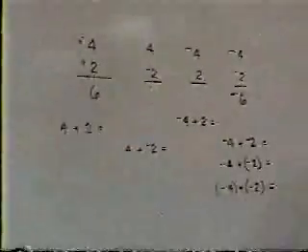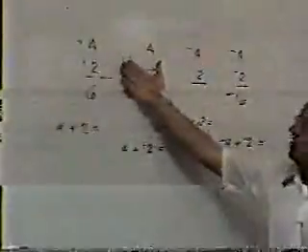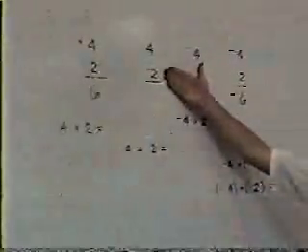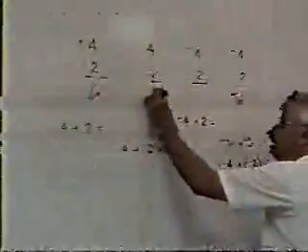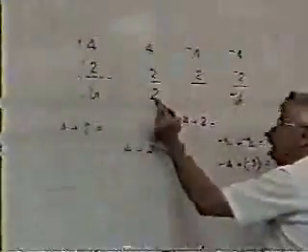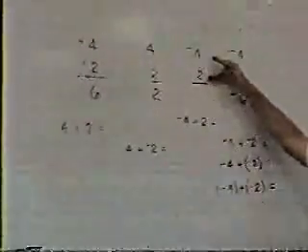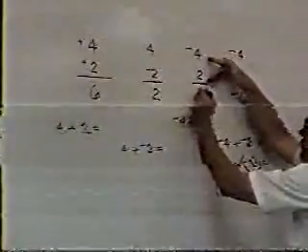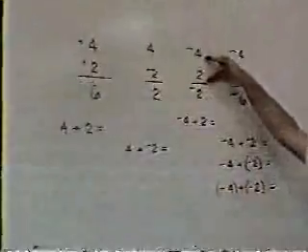I would like for you to think of numbers another way also. Think of signed numbers as money in the bank, your account, and a negative is a check that's written. If you have $4 in the bank and you write a $2 check, you're going to have $2 left in the bank. Whereas if you have $2 in the bank and you write a $4 check, you will be missing $2.